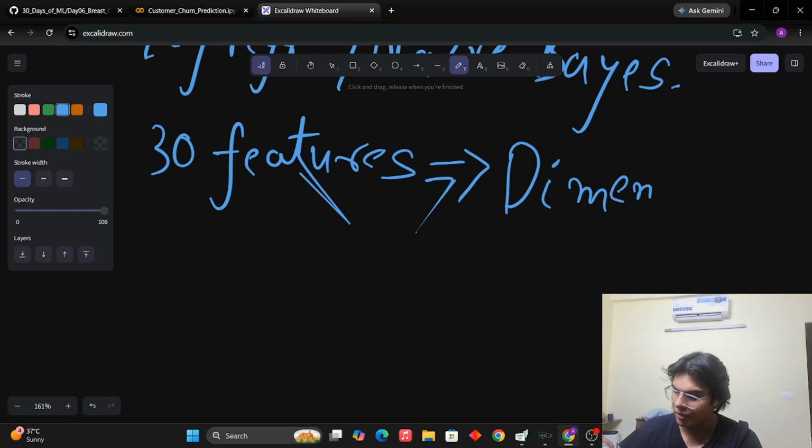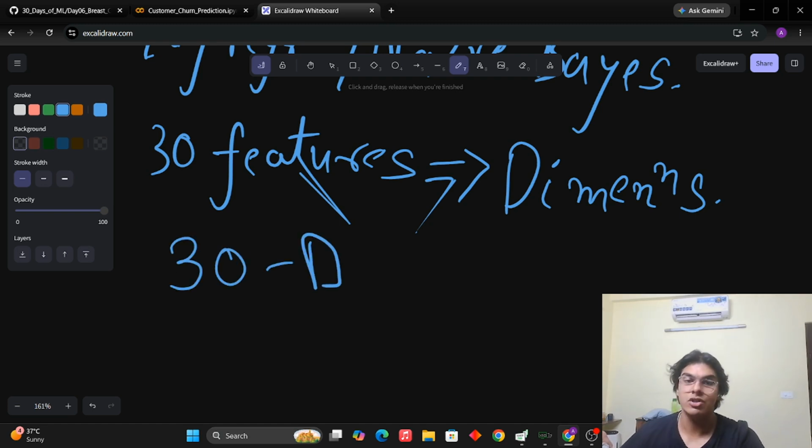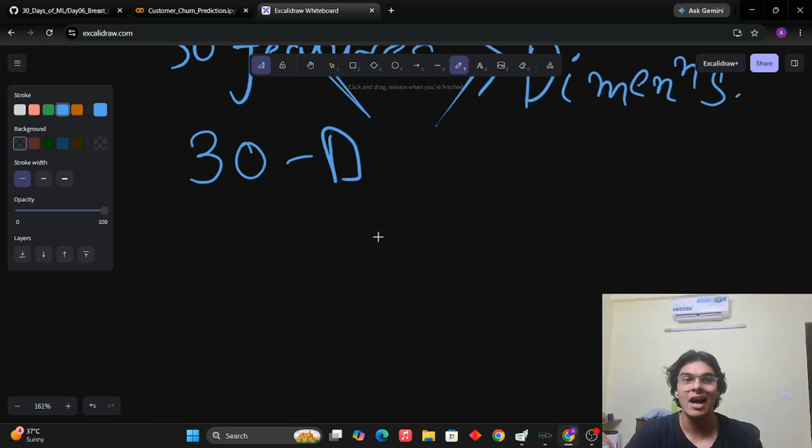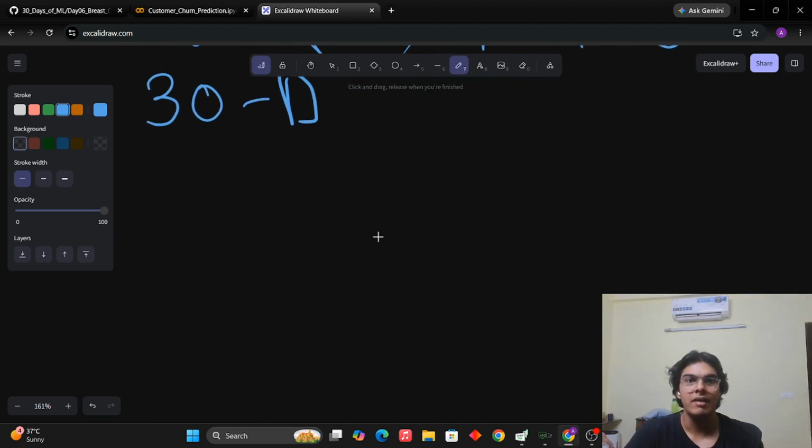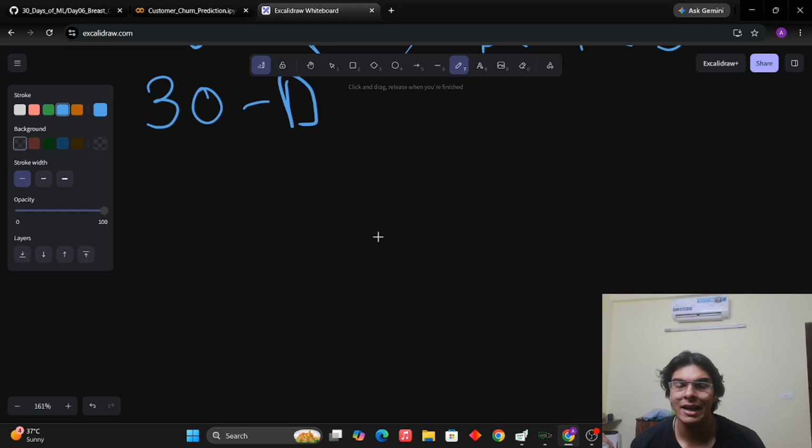So we can also say that we have got a 30 dimensioned data set. Okay, like a data set having 30 dimensions. Now the thing that happens here is that in these high dimensional data sets, whenever we are tasked with classification, like we are in this case, we are given values of malignant, and we are given some data points having their values as benign, and we are asked to classify them.